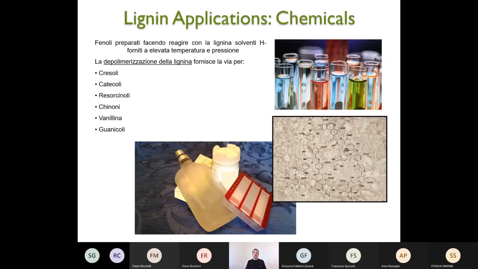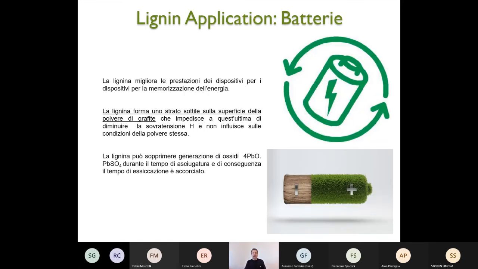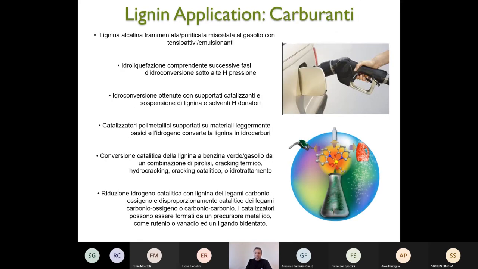There is another research line that some countries are investigating.